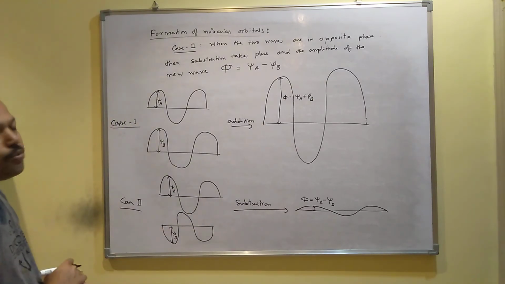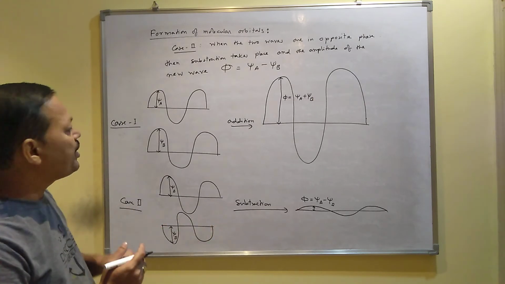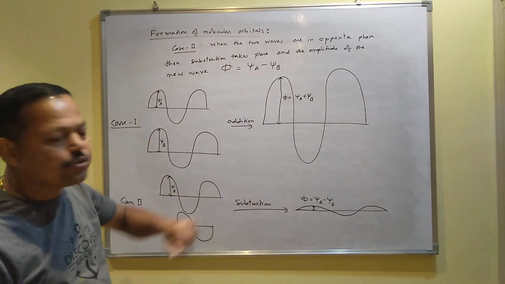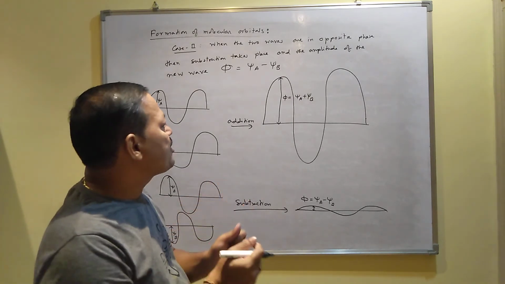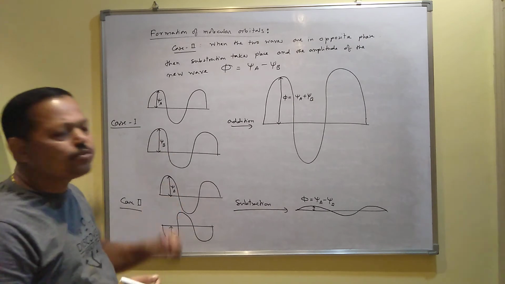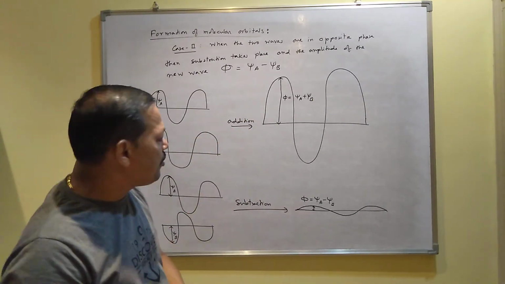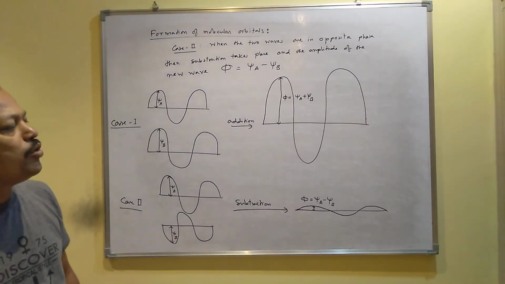So when two atomic orbitals combine, they can combine in two ways, either due to addition or due to subtraction. That is why they form two molecular orbitals. Due to addition, they form the bonding molecular orbital, and due to subtraction, they form the anti-bonding molecular orbital.